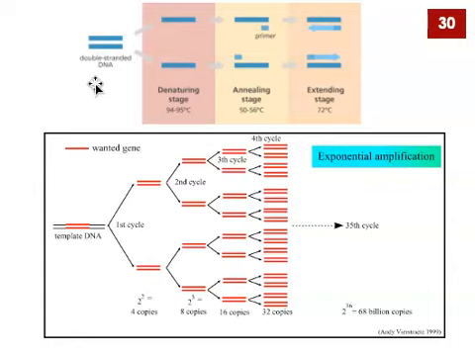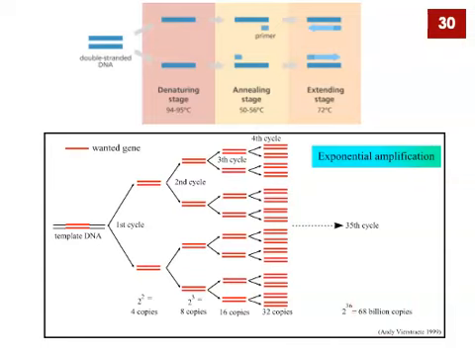We go from 4 to 8, and then to 16, and 32, and 64. It's an exponential process. And that's what you can see down here on the bottom of this slide. In very short order, we get millions of copies of that piece of DNA that we're interested in. It is an exponential amplification.